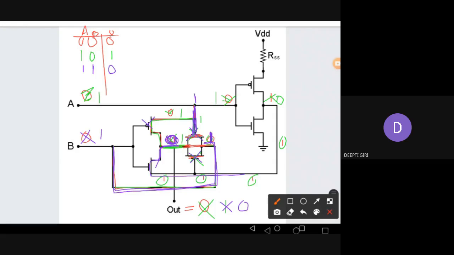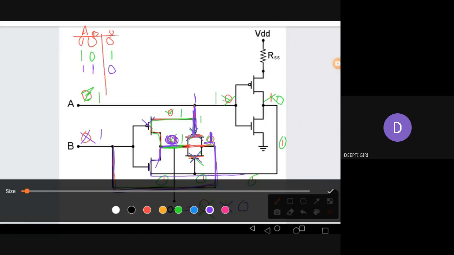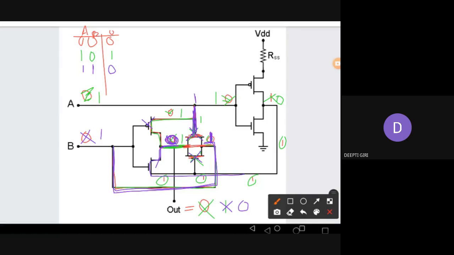Now let's see the last condition: when B is 1 and A is 0. B is 1 and now we change A back to 0. Now the output of this inverter is 1, high. So this bottom is getting high, high, high.